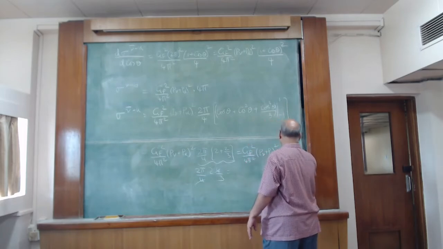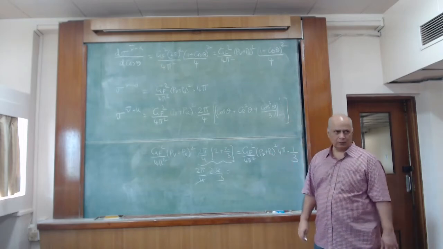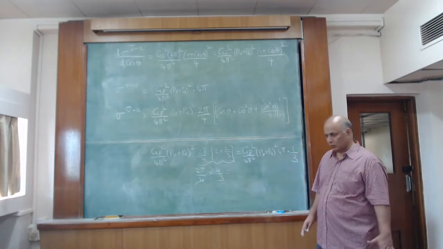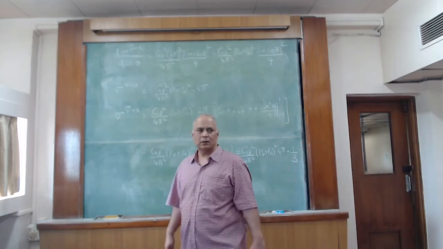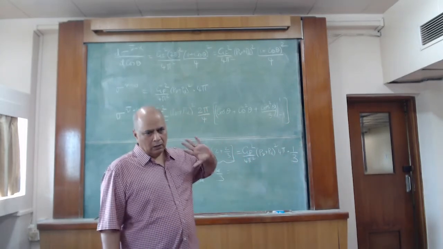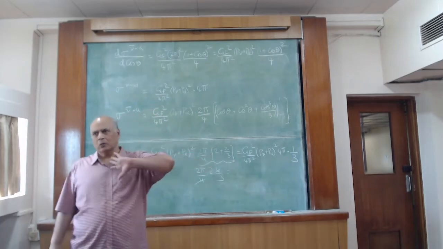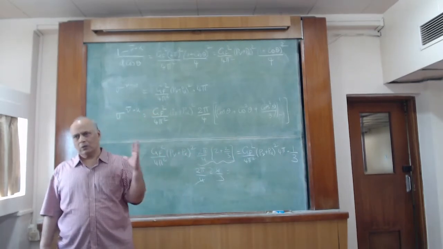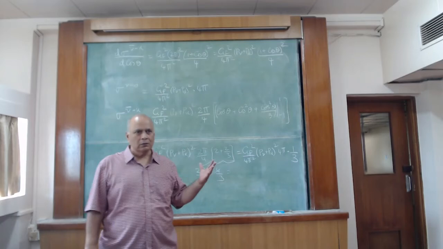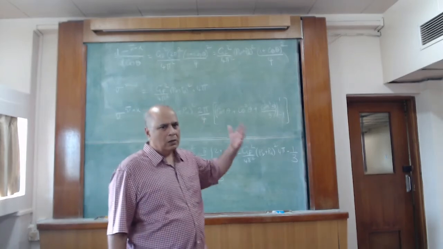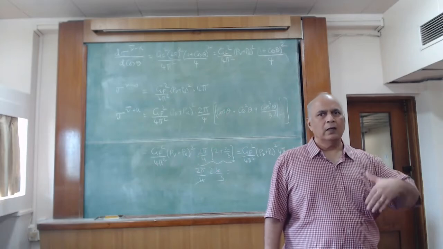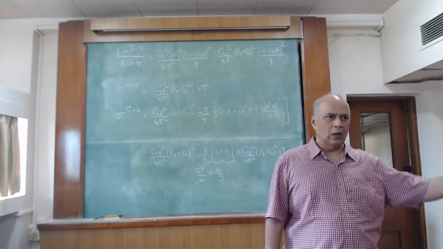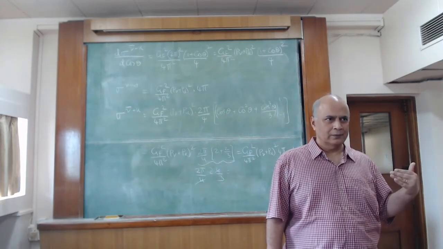So this is our main result, that the neutrino down quark scattering cross section is a factor of 3 larger than the anti-neutrino up quark cross section.